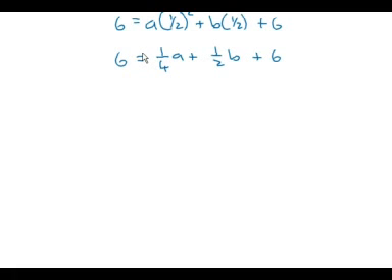Right? And ultimately those two 6's will cancel each other out, and we can multiply right through with a common denominator, which is 4 over 1. So we're going to get 0 is equal to a plus 2b. You happy? Yep.